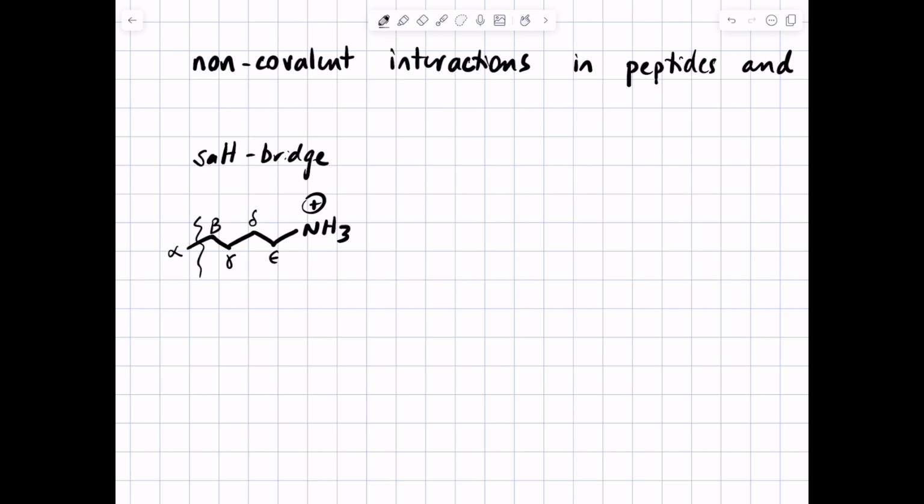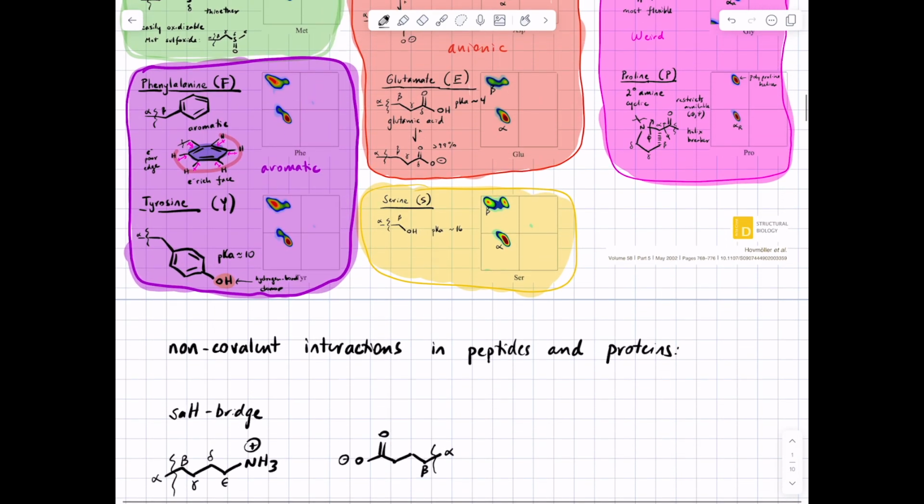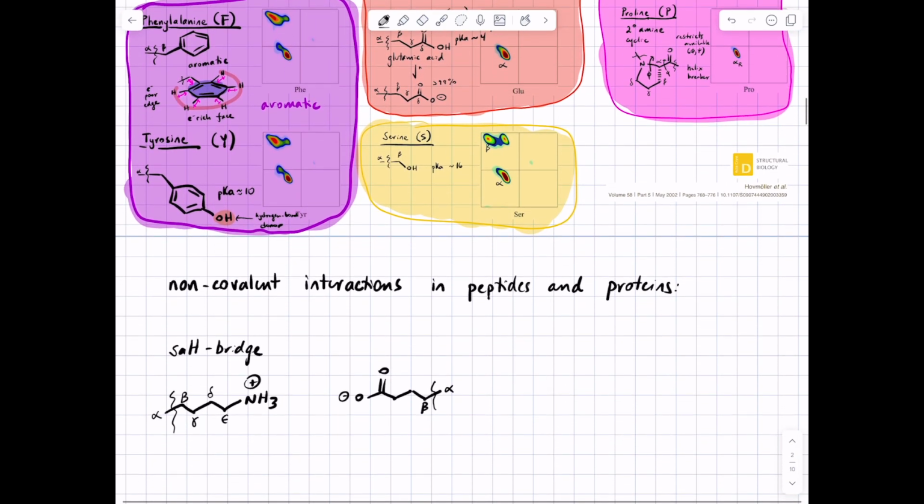That's positively charged. There are two negatively charged side chains. One is aspartate and the other is glutamate. In glutamate, let's see, I'm going to get this wrong. I always forget how many alpha, beta, gamma. Yeah, I got it wrong. Whoops.